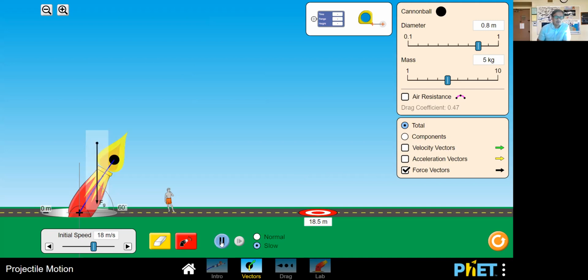I'm going to pause it at certain points here. As you notice, as the cannonball leaves the cannon, there's your force vector right there, and there's the weight. The only force acting on the cannonball as it leaves and starts to fly upward is the downward pull of gravity.